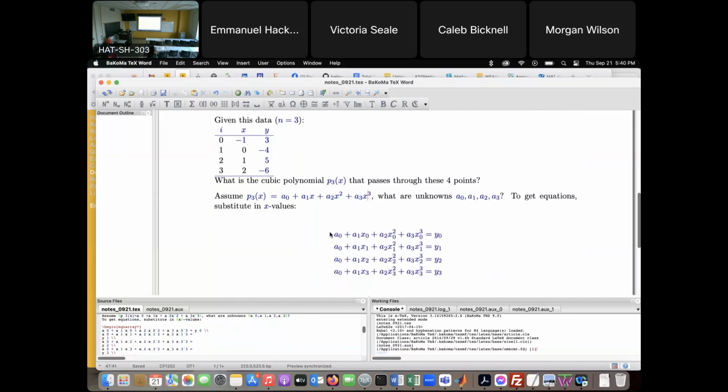Substituting x0 into here gives us this on the left side, and the result must be equal to y0. So I plug each x value into the polynomial and set it equal to the corresponding y value. For this cubic polynomial, I have 4 equations corresponding to the 4 data points that I can solve to obtain these 4 unknowns, a0, a1, a2, a3.